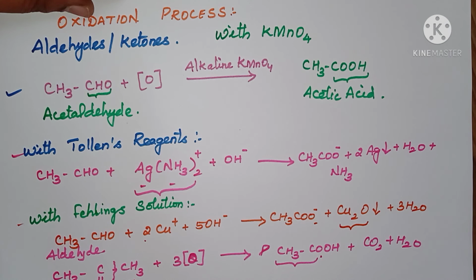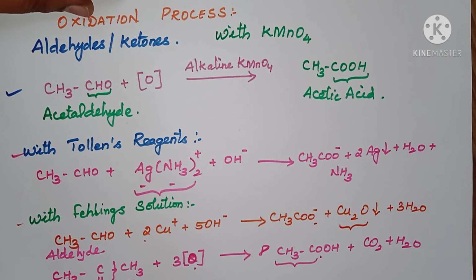In such a way it changes due to the oxidizing process. Usually an aldehyde changes to an acid with the same number of carbons, but a ketone gives fewer carbons, and that also changes to an acid only, acetic acid, CH3COOH.